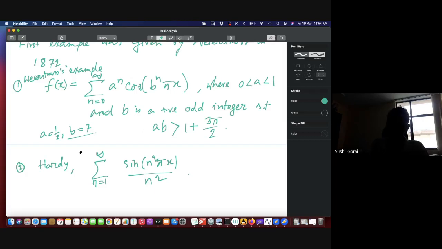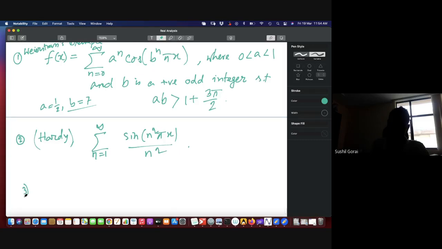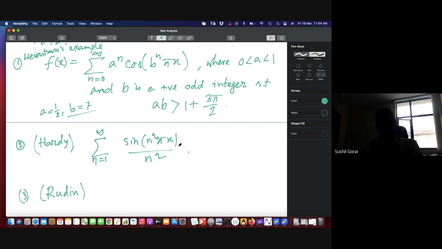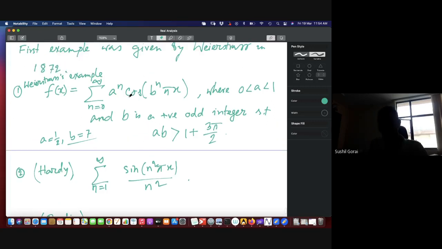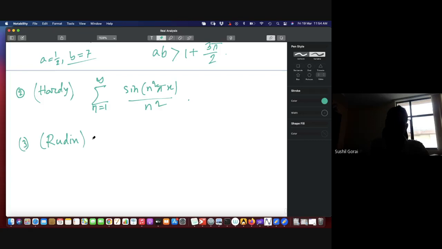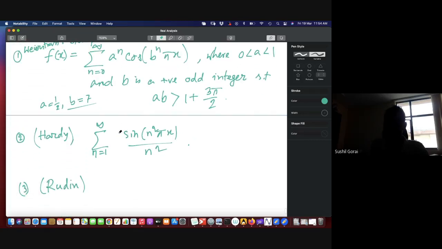So this is by Hardy. And the third one, which I'm going to give, is by Rudin, which is in his book. So this one you can try proving. So the continuity part is very clear because all the series are uniformly convergent. So there will be no problem in continuity. To check the differentiability is the task, which is a bit difficult.